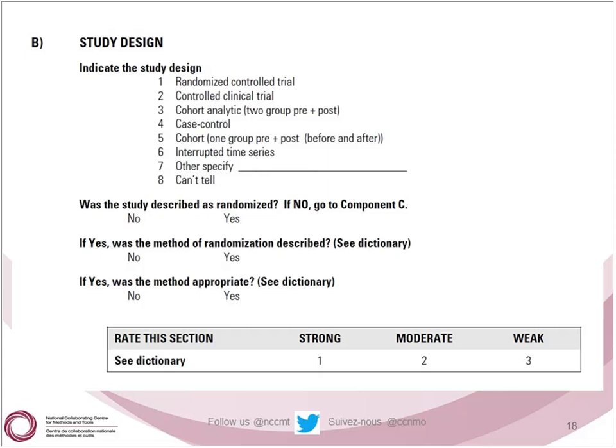A cross-sectional survey would have many limitations with respect to being able to assess the effectiveness of an intervention by the very nature that it's one snapshot in time of a group. So in this instance, if you were to use this tool to assess the quality of a cross-sectional survey, it's likely going to, not likely, it will come out as very weak.